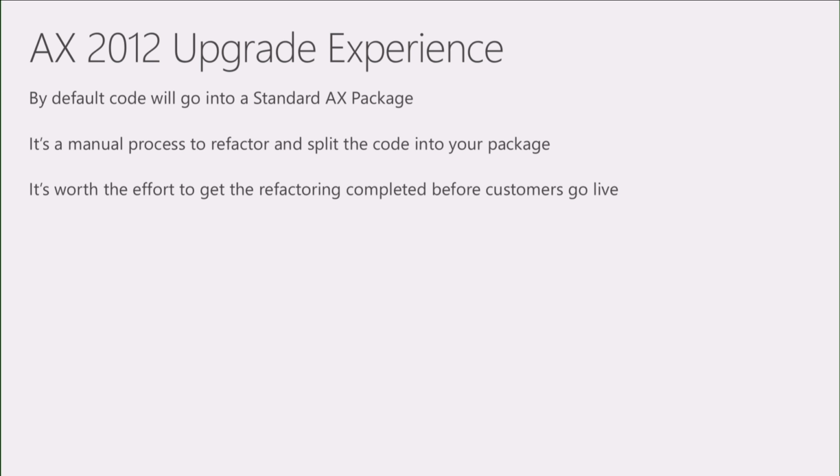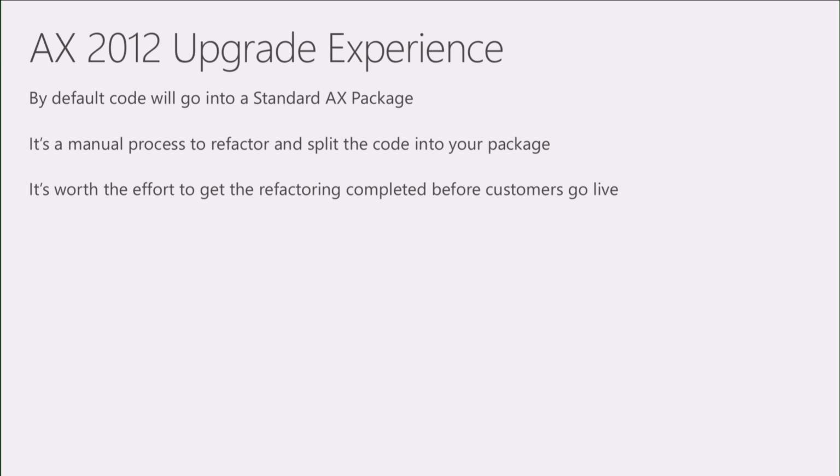So delegates are just a way of putting one piece of code in the application suite that can talk to your package that's in a separate package. So it's just a way of packages communicating with each other when they're not dependent on each other. So there's ways that you can do, I would call it, a minimum level of overlayering, but have most of it in your own package in extensions.